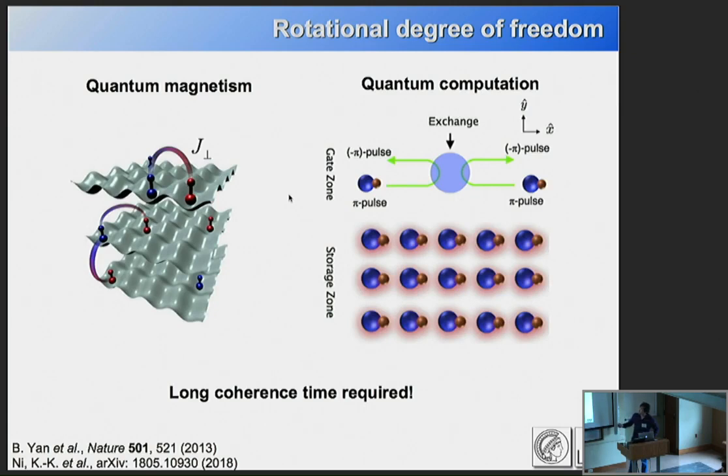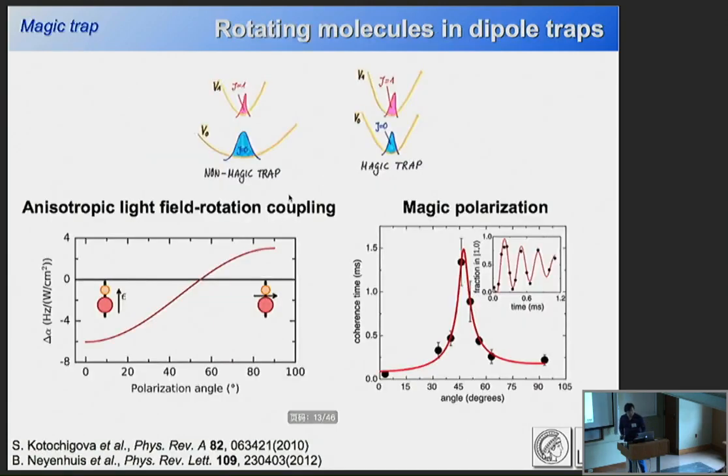For quantum simulation and computation, you need a very long coherence time. But you need a magic trap. So the two rotational states used as a pseudo-spin for quantum simulation should feel the identical trapping potential.